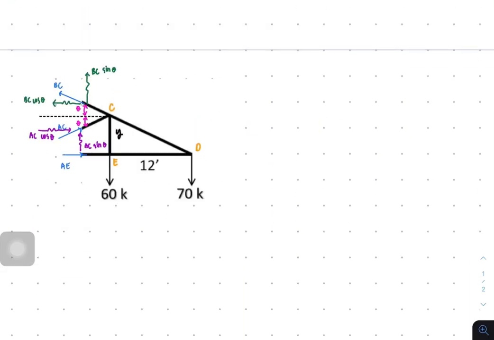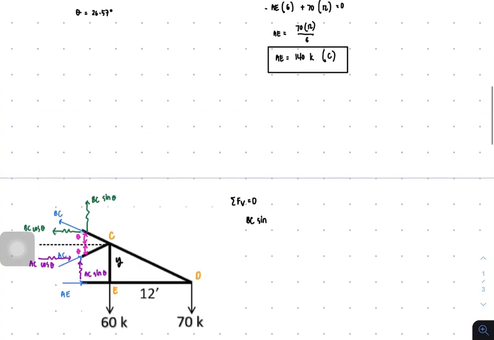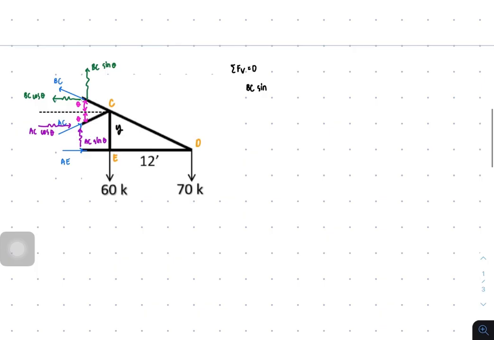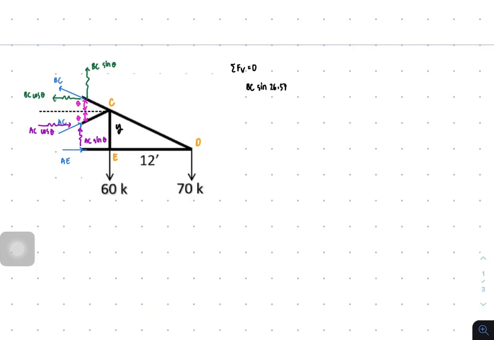So we're gonna have the summation of forces vertical equal to 0, because we will be looking at the values of BC and AC in particular. So that's BC sine of theta. What is theta again? It's 26.57, and then plus AC sine of 26.57, and then minus 60, then minus 70 equal to 0.